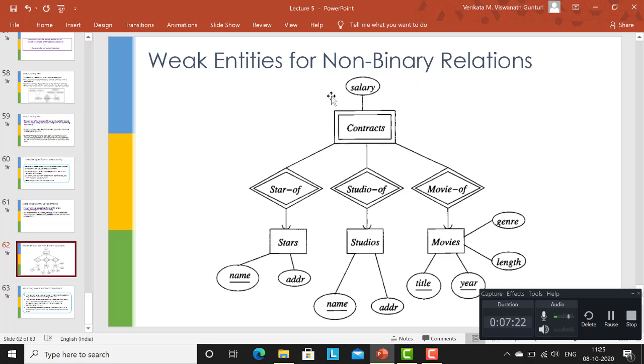And the primary key for the contracts weak entity would be the combination of star's name from here, studio name from here, and movie from here.